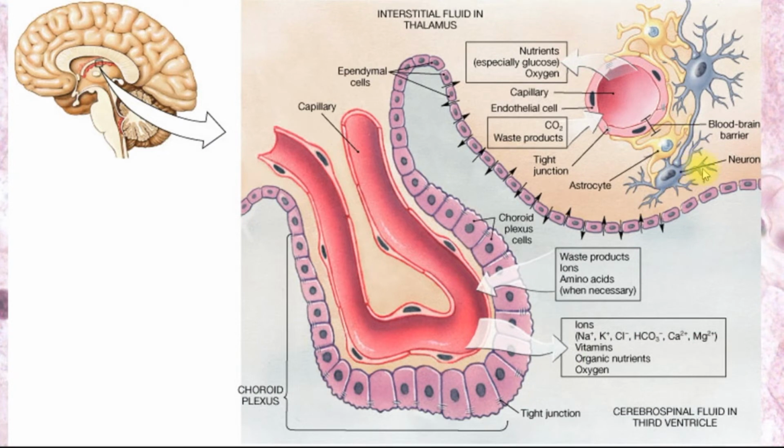And also we have choroid plexuses where capillaries are present, and they are covered with ependymal cells. This choroid plexus provides synthesis of cerebrospinal fluid. Blood from capillaries is filtrated, and it goes to the cerebrospinal fluid, which fills the spaces inside the brain.